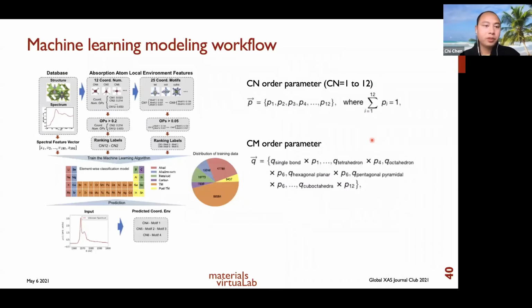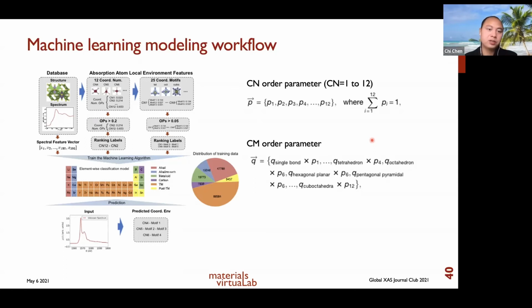So our machine learning model is inspired by this local environment assignment using a continuous number. From the database, we can calculate the coordination number for each of the atoms. And the coordination number is again not a binary value, but rather a continuous value, because whenever you have some distortion, that will make your local environment deviate from a perfect structure.